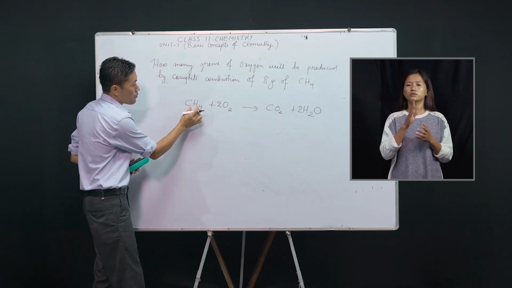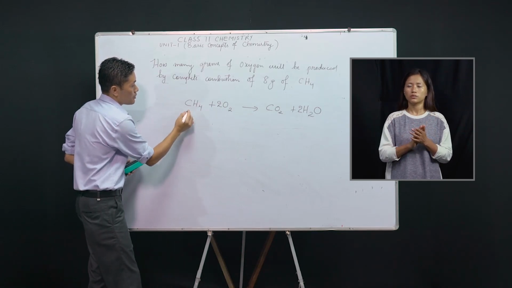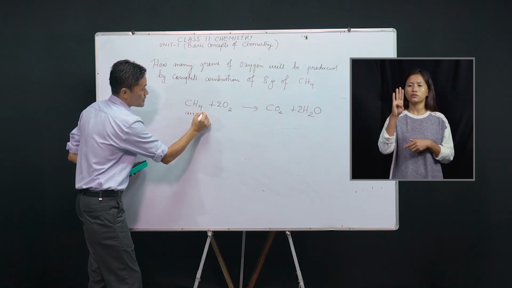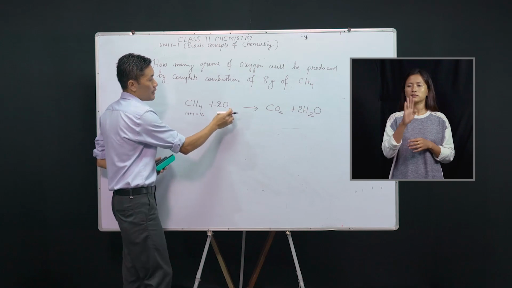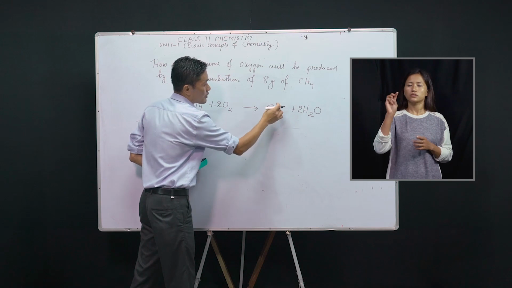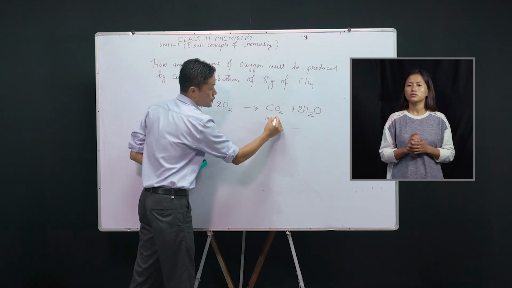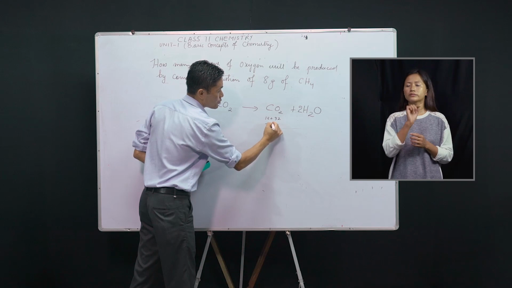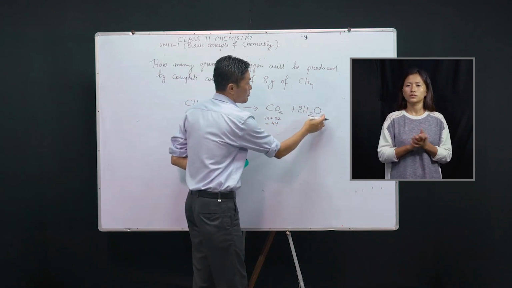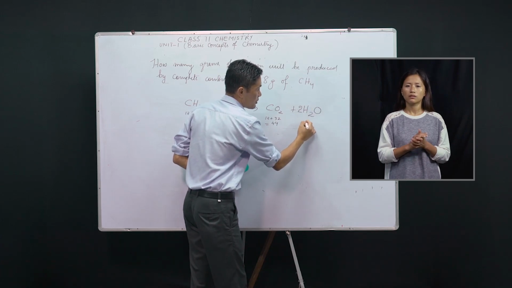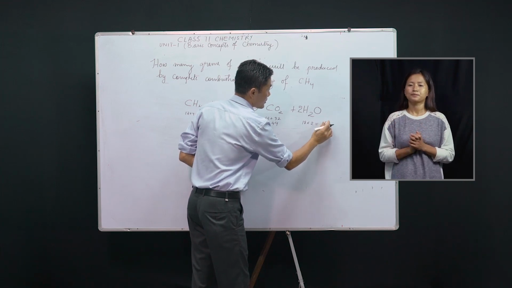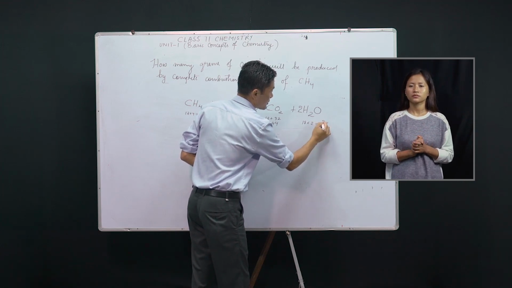Now, molecular mass of methane will be 12 plus 4, that is 16. And carbon dioxide 12 plus oxygen 16 into 2, 32. So this will give us 44. Water, molecular mass of water is 18. There are 2 molecules, so multiply by 2, we get 36.